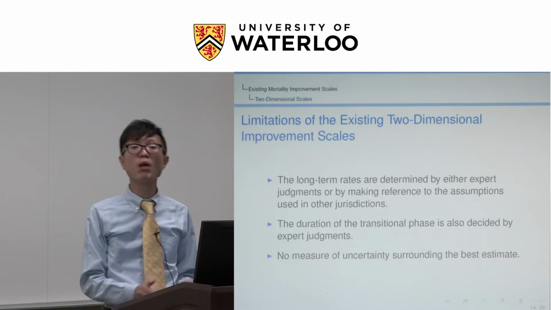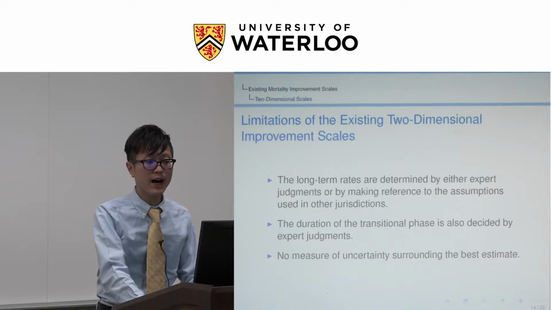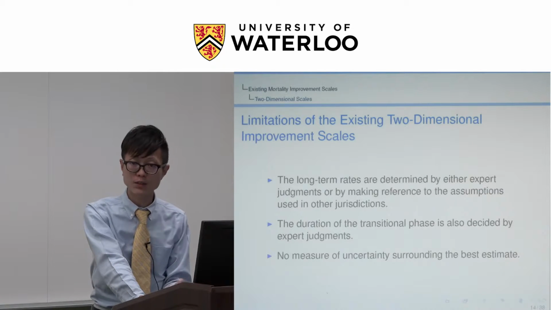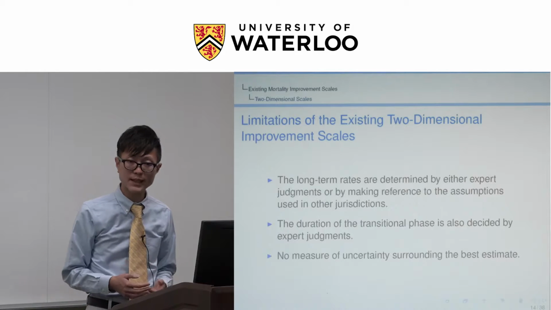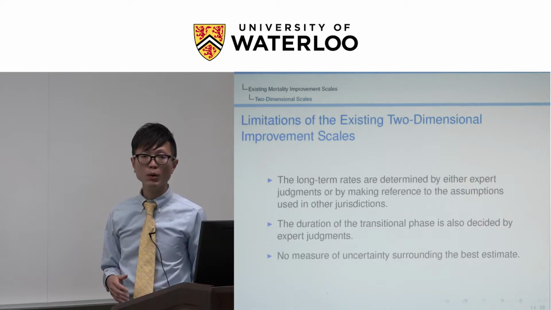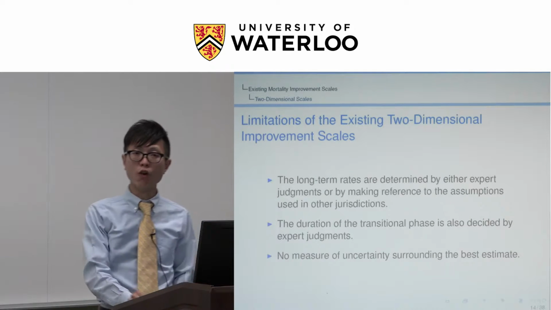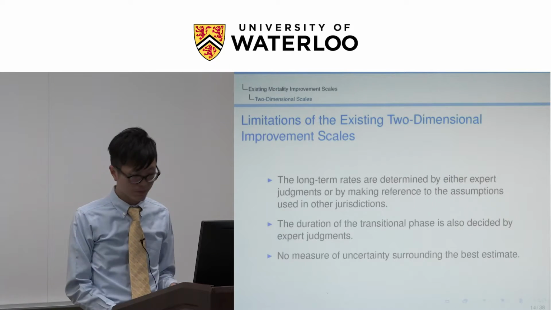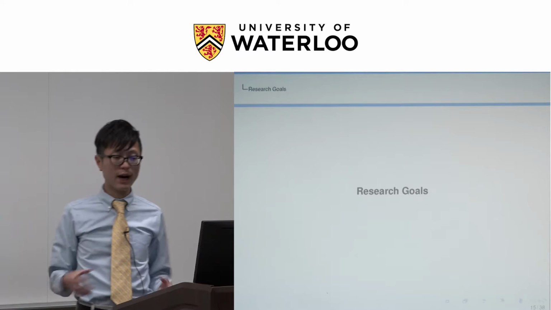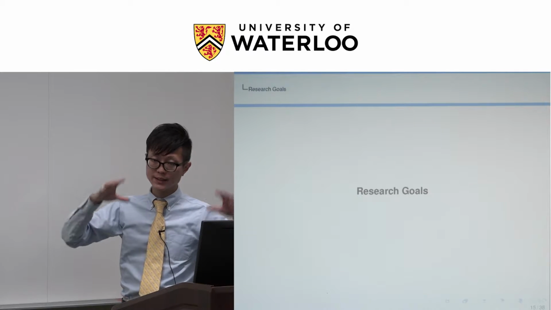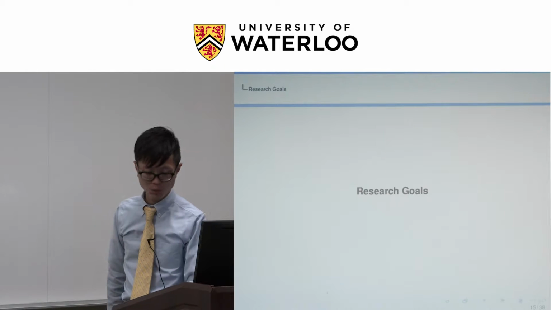And finally, and probably most importantly, these scales do not give any measure of uncertainty surrounding the best estimate, and with no measure of uncertainty, we are unable to develop margins for adverse deviations using the existing scales.